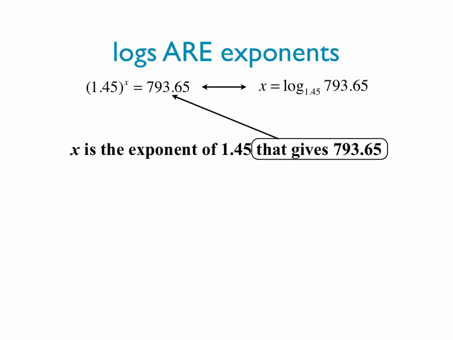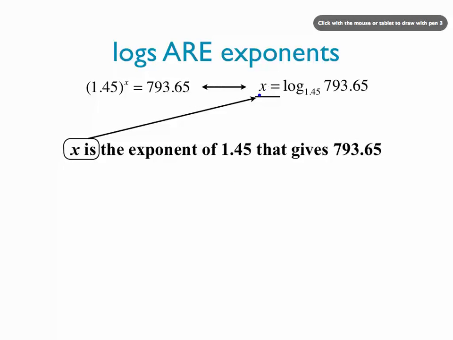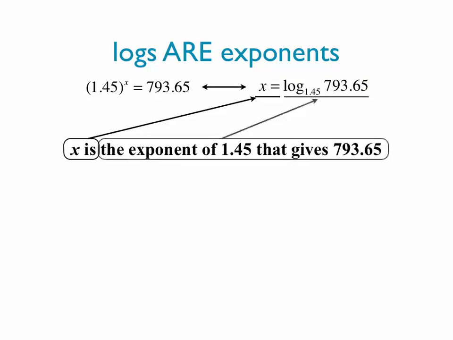There it is. X is the exponent of 1.45 that gives 793.65. What about on the right? X is, and if logs are exponents, then this is the exponent of 1.45 that gives 793.65. So this is the way we want to view logs.